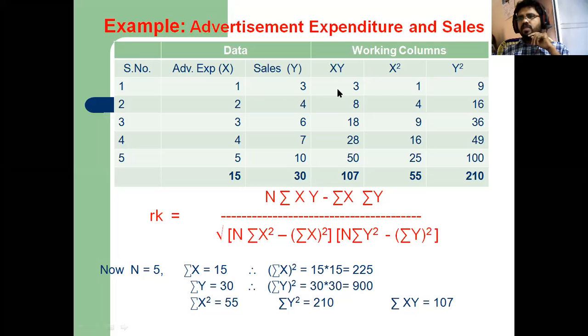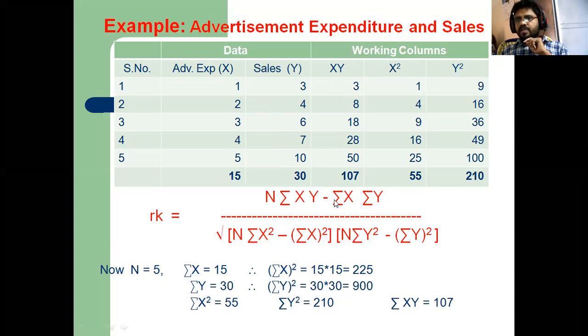See, 1 into 3, 3; 2 into 4, 8; 3 into 6, 18; 4 into 7, 28; 5 into 10, 50. When you add all these values, that is called the sum of xy. When you calculate it, you will get 107. So sum of xy is equal to 107, which I have written here.